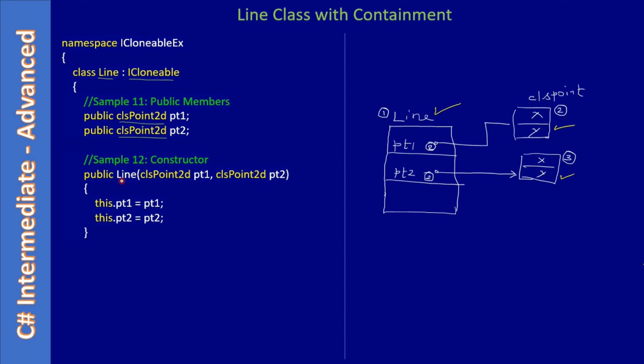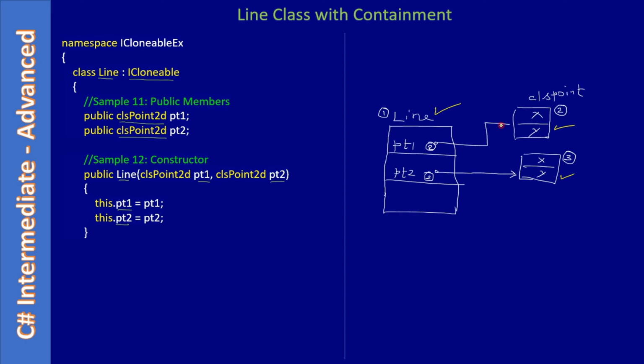So next we have a constructor for Line that takes two CLS points and initializes the internal data members. So if you see here, whoever is calling, they will create these heap locations. That means they will create new instances of points, and they pass that to the constructor of Line.